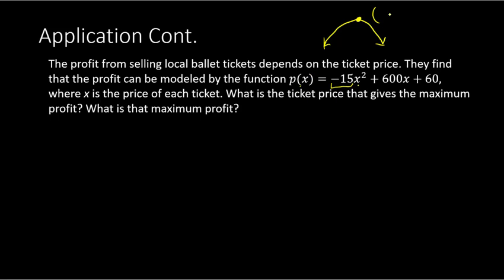That point is made up of x and then p of x, where x is representing the price of the ticket, and p of x is the profit of the tickets. So we can find x and p of x to answer the question of the ticket price, and then use the ticket price to find the maximum profit, which is your y value.